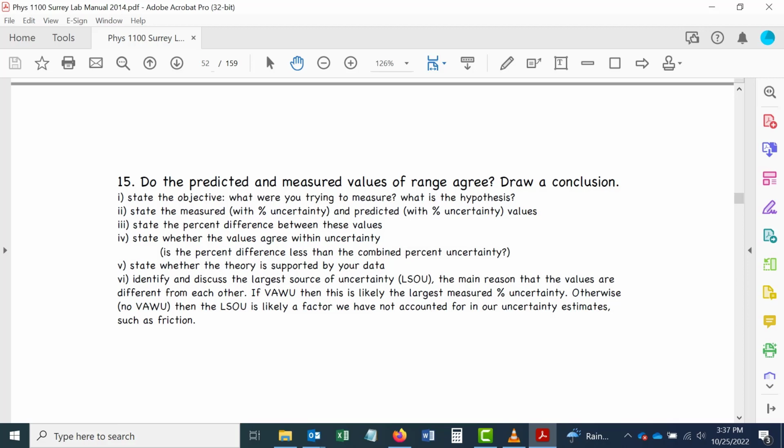Whichever measurement you took had the largest percent uncertainty, that would be your largest source of uncertainty when the values agree within uncertainty. If the values do not agree within uncertainty, then the largest source of uncertainty has to be something you didn't take into account. So something like friction or air resistance, or maybe the track wobbled or something. In general, pick one thing. Choose the one thing you think is most likely to be your largest source of uncertainty.